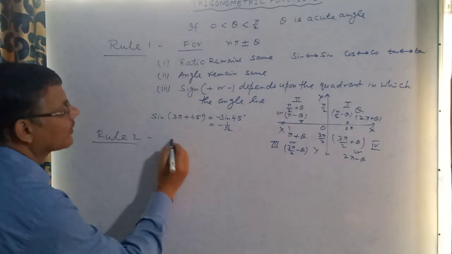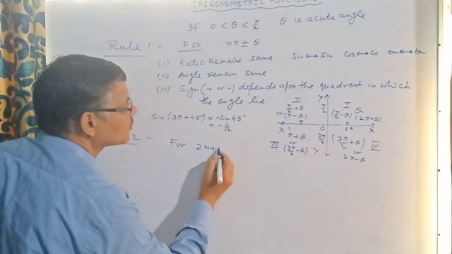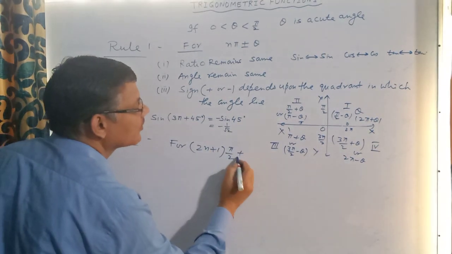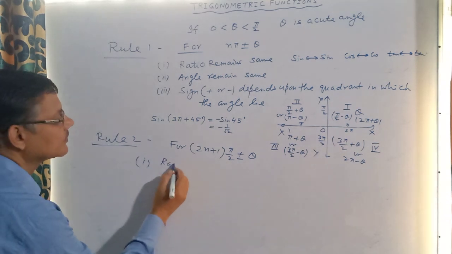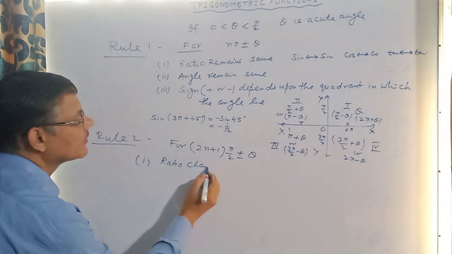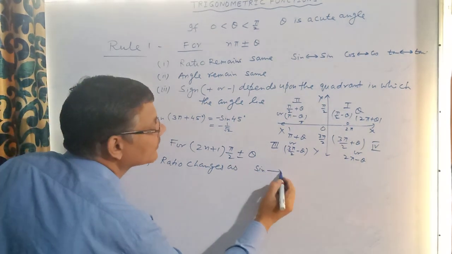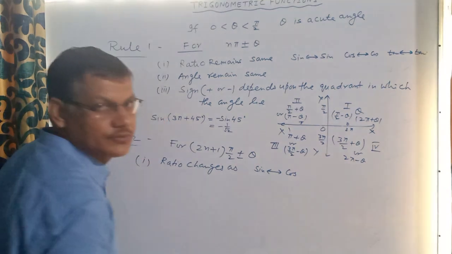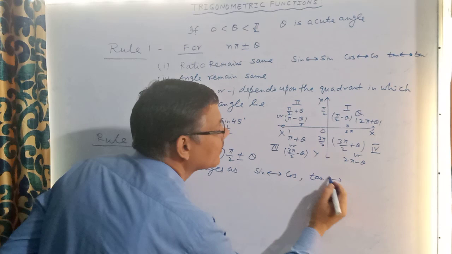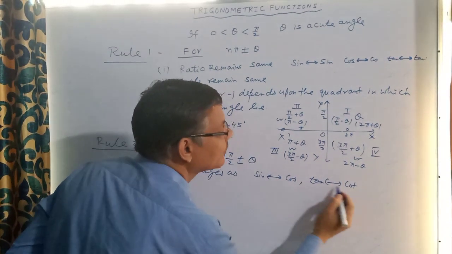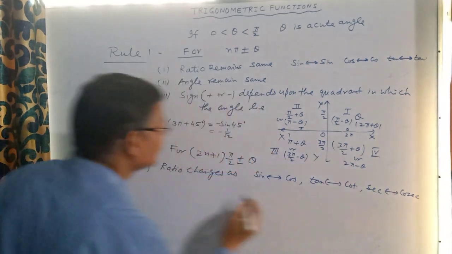Your rule number 2 is for odd integral multiples of pi by 2, that is (2n plus 1) pi by 2 plus or minus theta. Again the ratio changes: sine to cos and cos to sine, tan to cot and cot to tan, sec to cosec and cosec to sec.